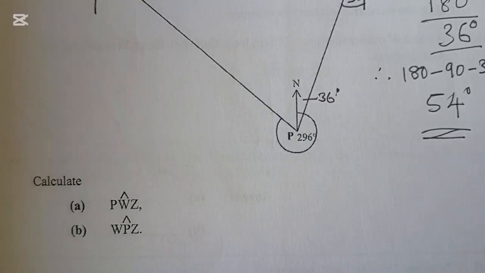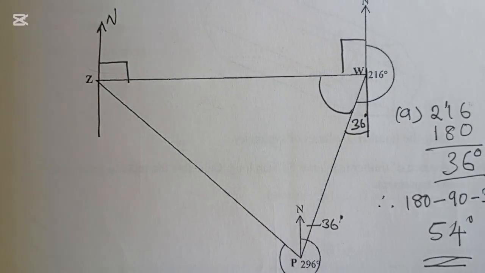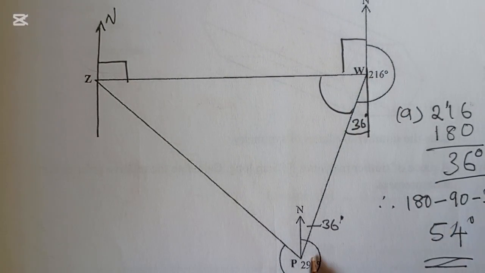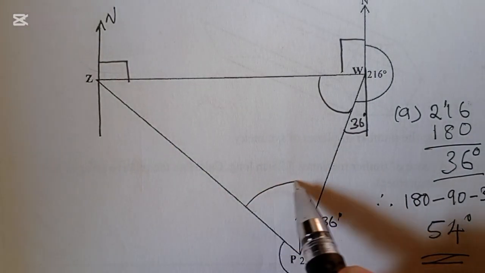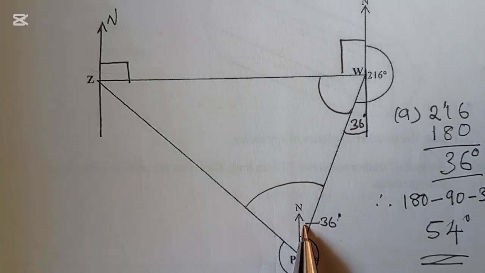The next question is calculate WPZ. That is an angle. They are looking for this angle here. This angle is the simplest to answer. Remember that a full turn adds up to 360. Already we have this 36 here.